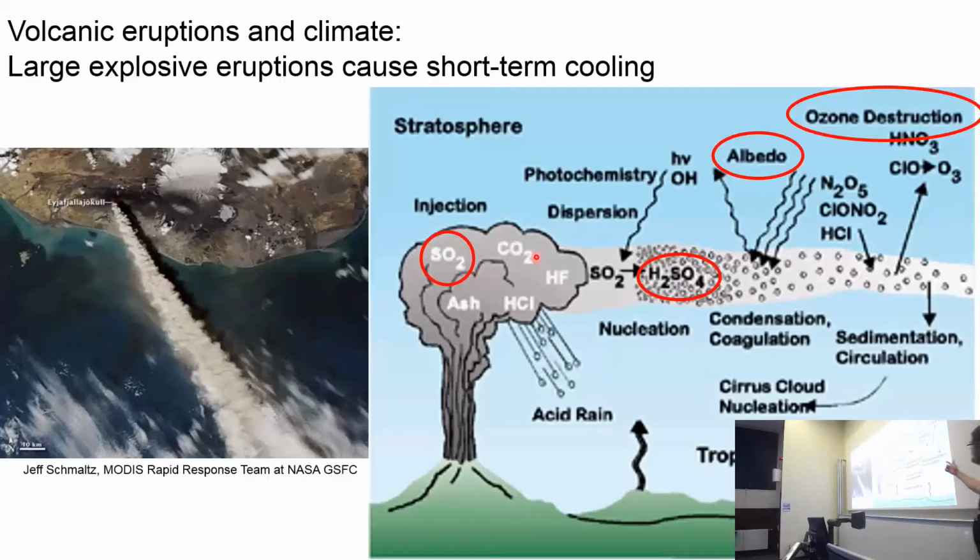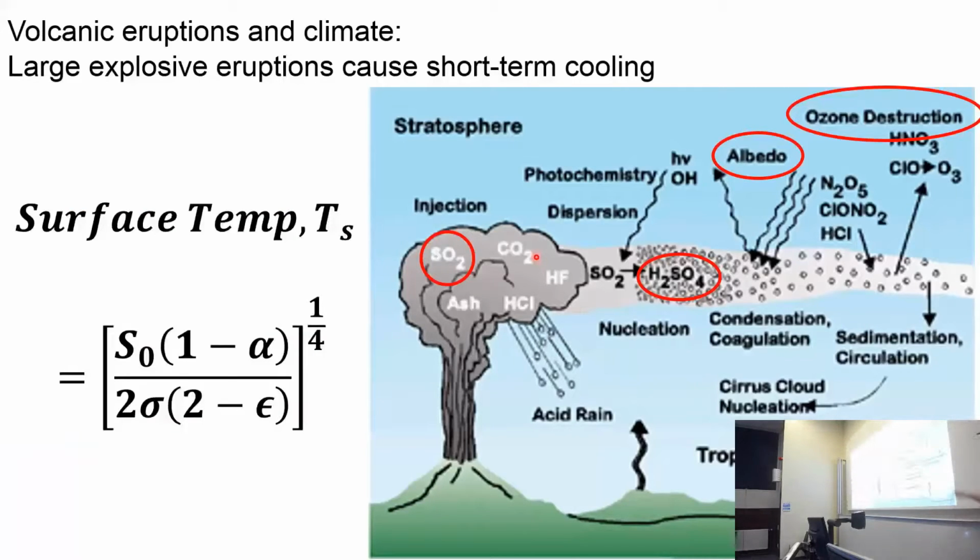If you have sulfur dioxide being pumped out of your volcano, and that's one of the main gases that comes out of volcanoes, the sulfur dioxide reacts with water and the oxygen in the atmosphere to form sulfate, and that sulfate reacts with water to become sulfuric acid. Sulfuric acid has a very, very high boiling point, so it condenses very quickly into lots of small droplets.